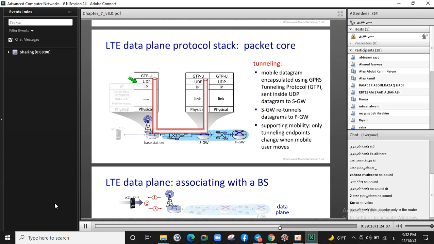And now you can see that when we are going toward a wired network, the protocol stack of the devices inside the wired network is something else.